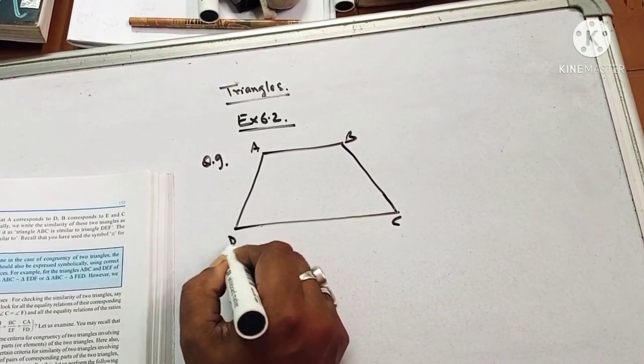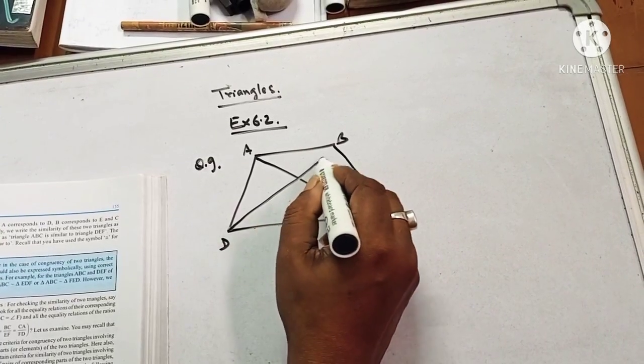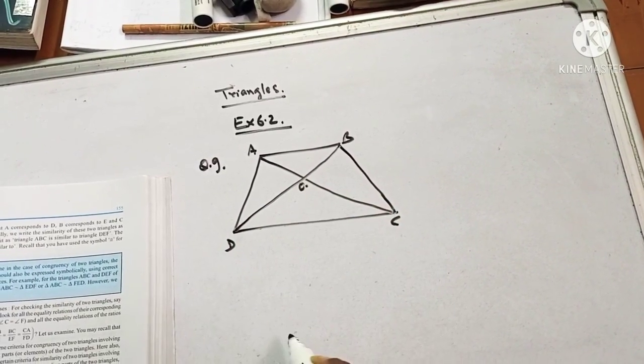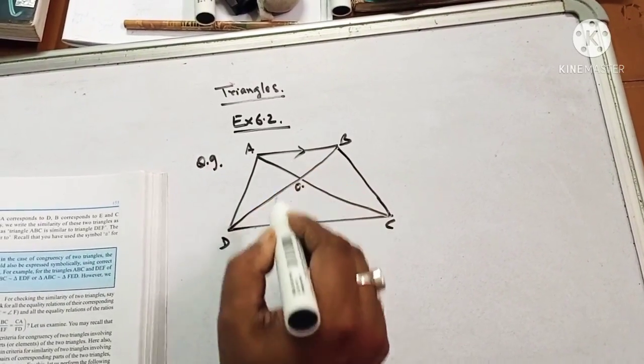Your trapezium is ABCD and the diagonals intersect at O, and AB is parallel to DC.